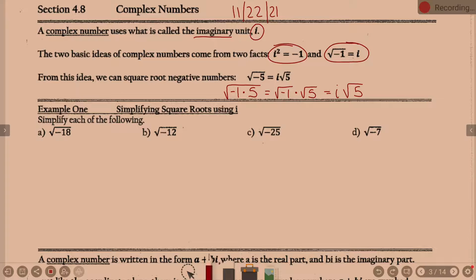What I'm going to try to get you in the habit of doing is, anytime you see a negative sign under a square root, we pull that negative sign outside, and it becomes an i when you put it outside of the square root. That's how we're going to work with these i values.